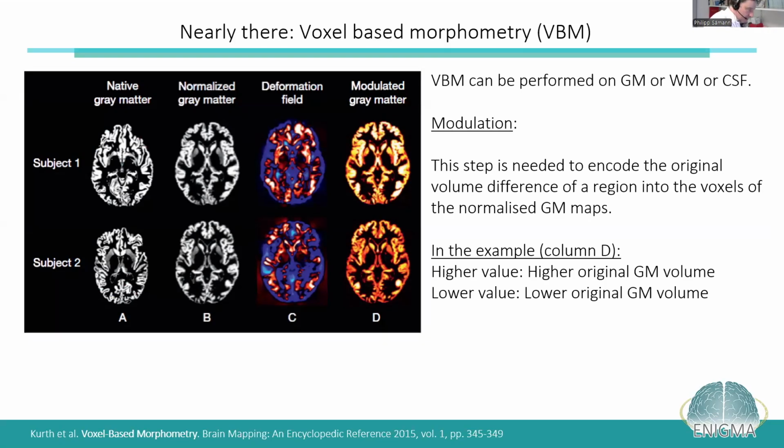However, there's one step needed in between, because if you perfectly align the shape of the cortex or the gray matter map, you might, of course, also reduce inter-individual variability. In other words, you might make the brains so similar that you wouldn't find any differences anymore.